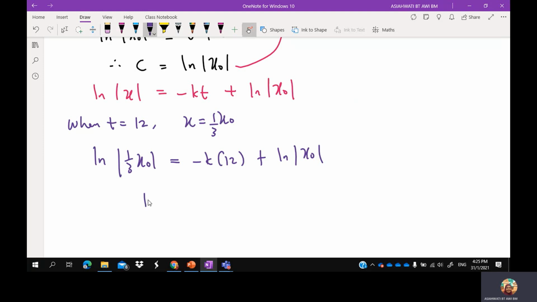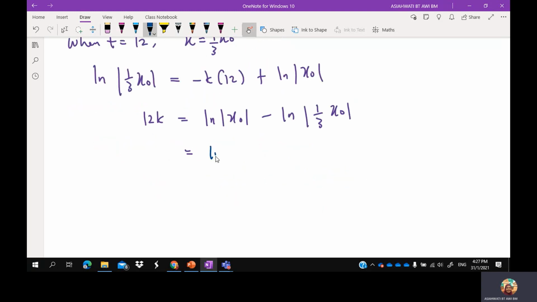Take 12k to the left, and bring ln x naught over, so it is negative ln of 1 over 3 x naught, plus ln x naught, which is ln of x naught over 1 over 3 x naught.